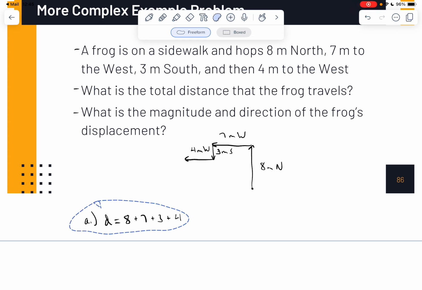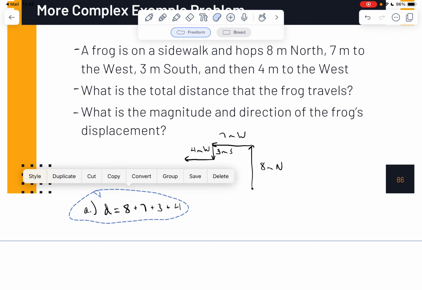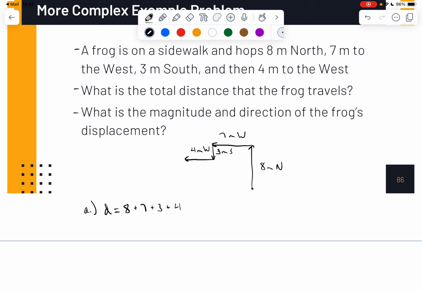So in total, if we do 8 plus 7 plus 4 plus 3, that's going to give us 22 meters as our total distance.